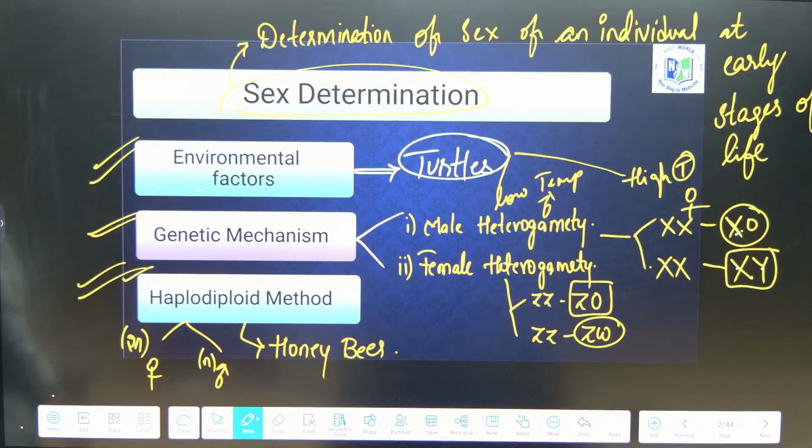Clear till here? Any doubt anywhere? No? Just take down briefly with the examples.